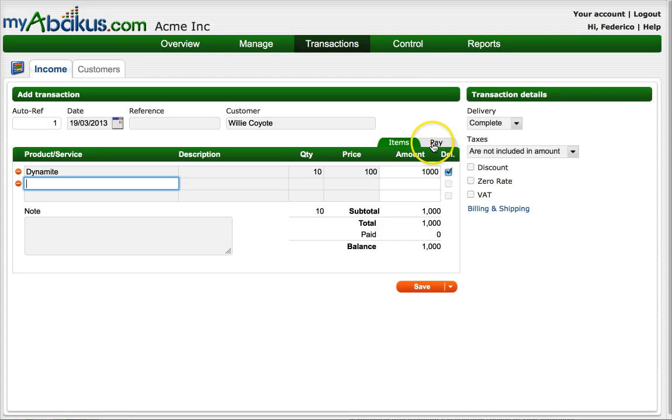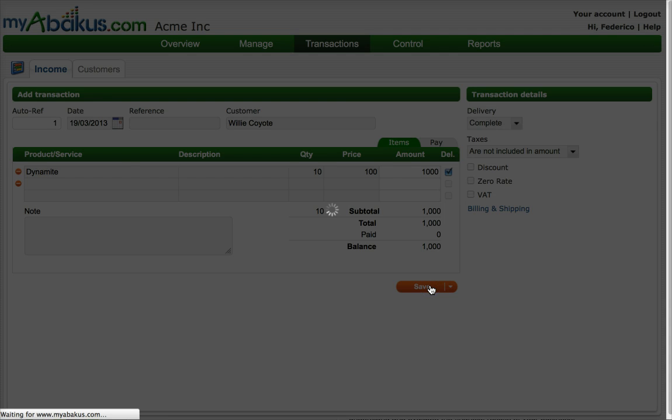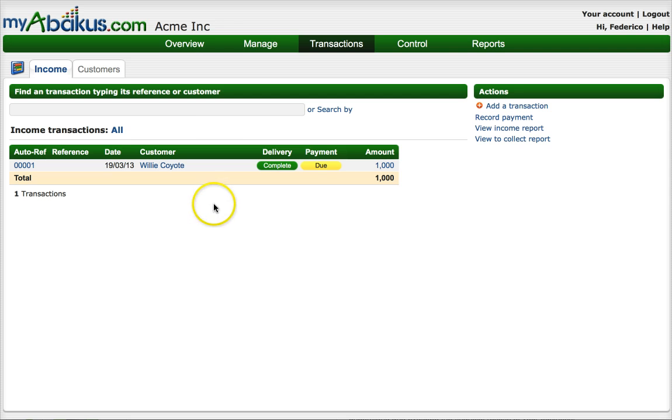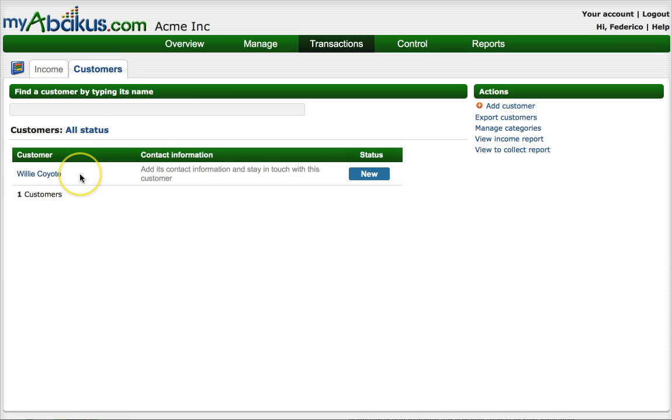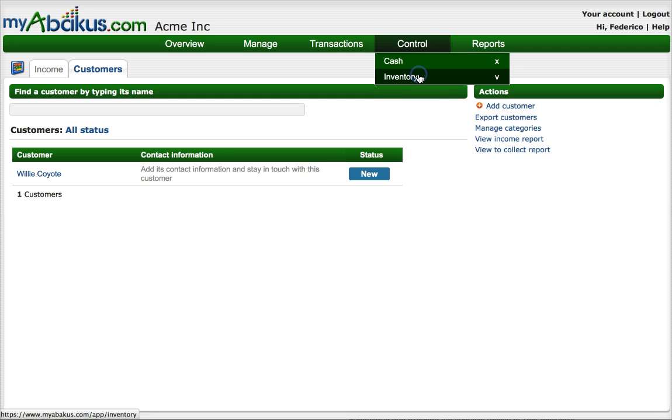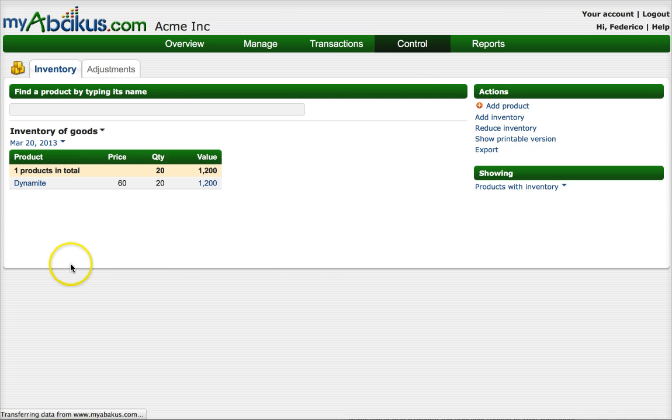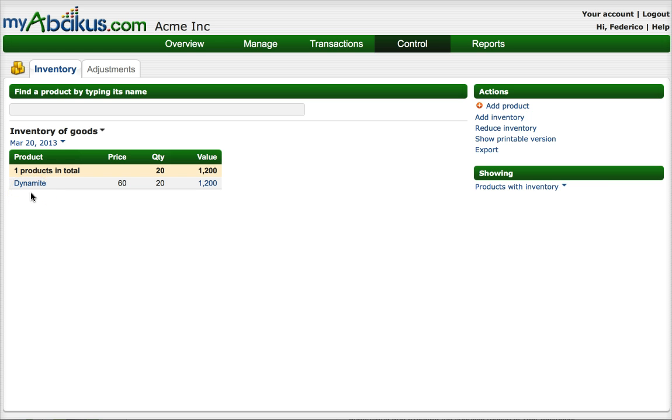Again, I haven't been paid for this, so I've just saved the transaction. And there it is, my first income transaction, payment due. And if I click on customers, there it is, Willy Coyote, my first customer. If I go here, control inventory, I also see my first product, dynamite.